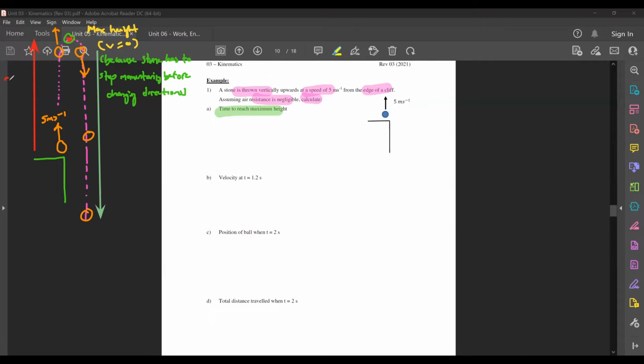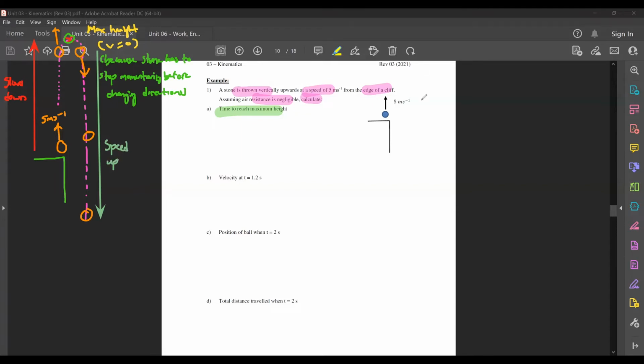Your ball is actually, not the ball, the stone, you will actually be slowing down when you're going upwards. But then when you're going downwards, you will actually speed up.